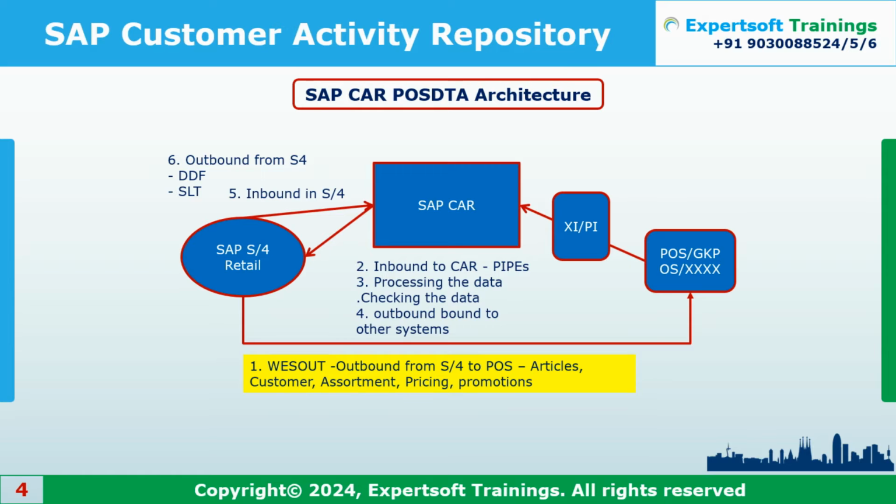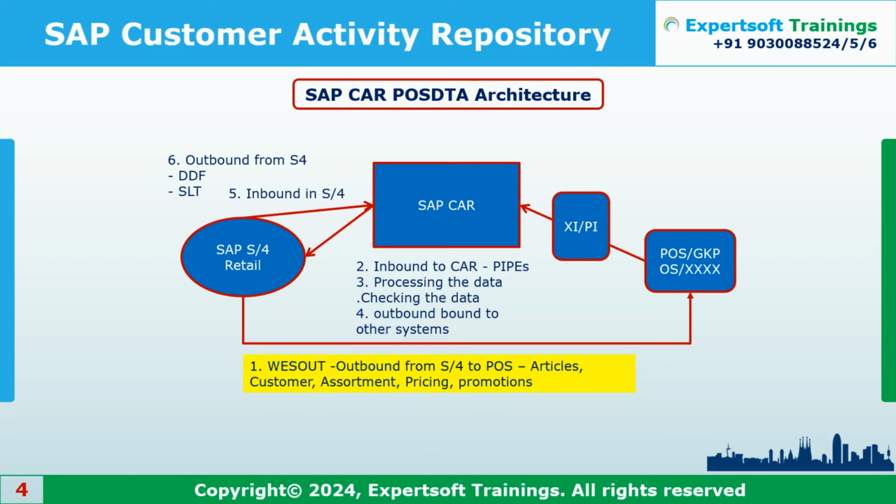Your master data gets fed from S4 to CAR. Your POS transactional data comes from your POS systems and other systems to CAR. The data gets validated, then aggregated, and then the aggregated data is sent back from CAR to S4.